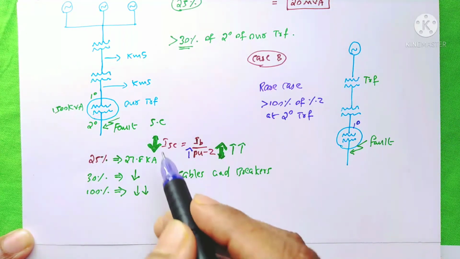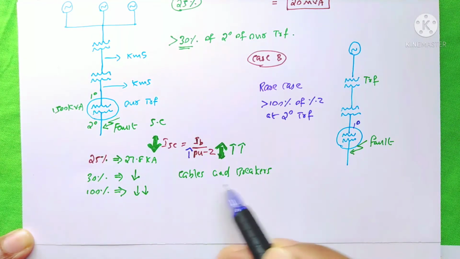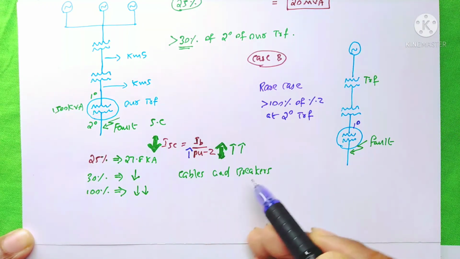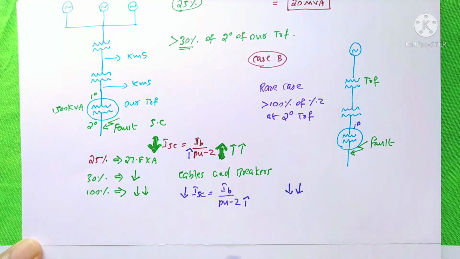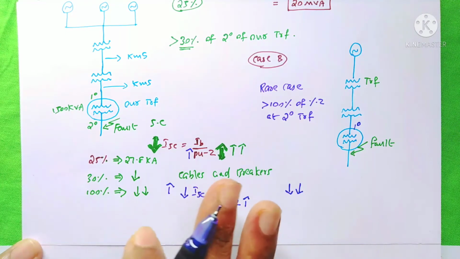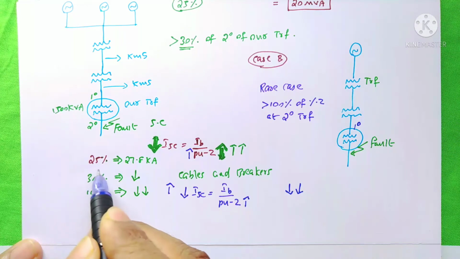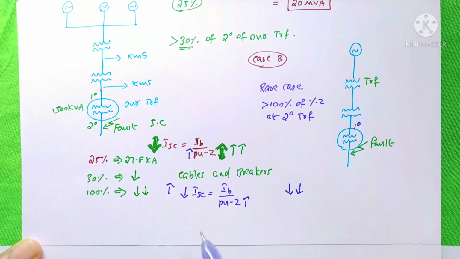So for that lower short circuit, we will size our cables and breakers. That means our cable ratings and breaker ratings will be less. Actually, our short circuit current is more. So what will happen in this situation? According to this less 25% per unit impedance, a high short circuit will appear on our system. And at that time, our cables and breakers cannot withstand that huge short circuit current, and our cable and breaker will be damaged.